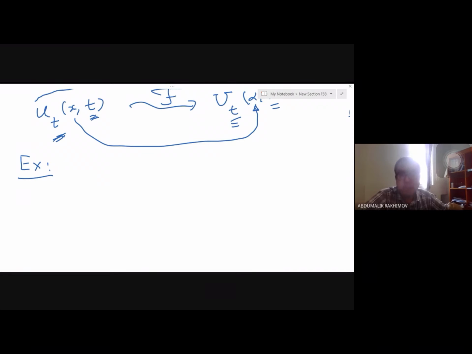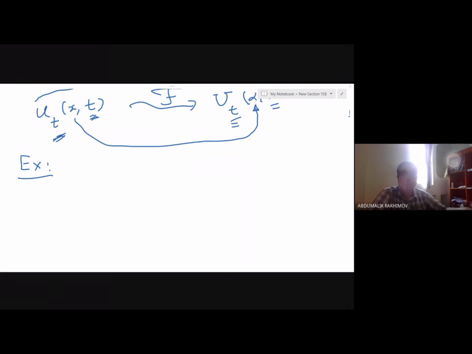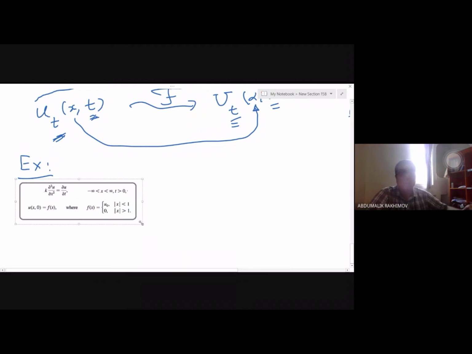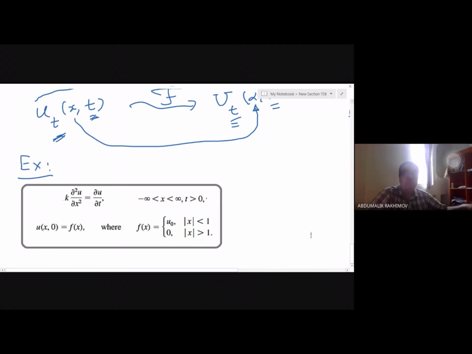Okay, let's see some exercises. Exercise 1. Okay, this is the heat equation.